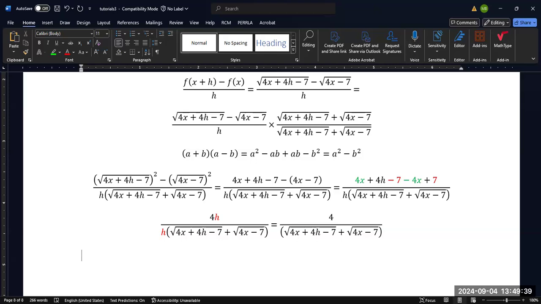What happens as those points get closer and closer together? In fact, what happens when they get all the way and they become the same point? So the difference between them is 0. And we can't evaluate this expression if h is 0 because it's in the denominator. We can't divide by 0.